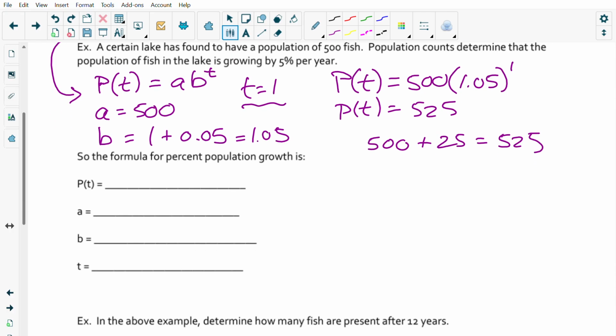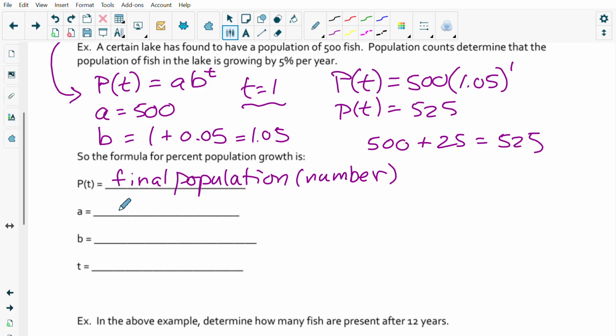Let's define each of these. So population as a function of time is the final population or final amount. I think since we're counting discrete elements like cells or fish or people, it's the final population or final number.